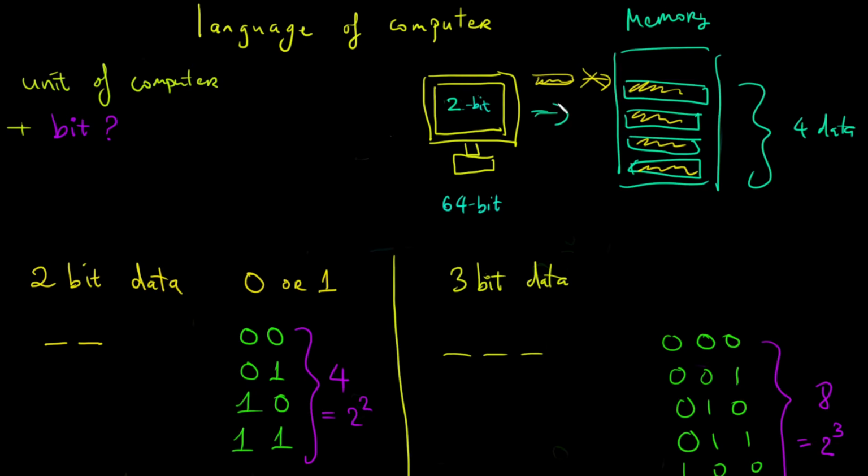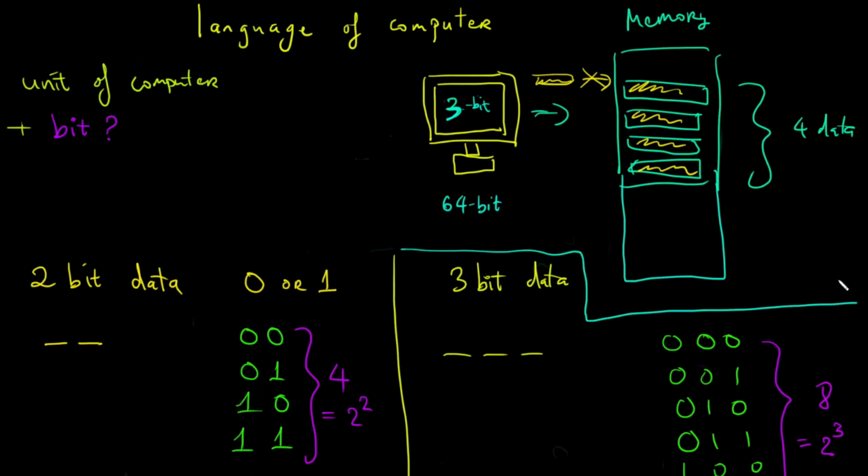You're going to increase the bits, right? So let's say from 2 bits, let's increase it to 3 bits. So what does it mean? Now our memory is going to extend, right? It's going to extend into 8, because 3 bits means 8 possible outcomes. So let's have another slot, 1 2 3 4.